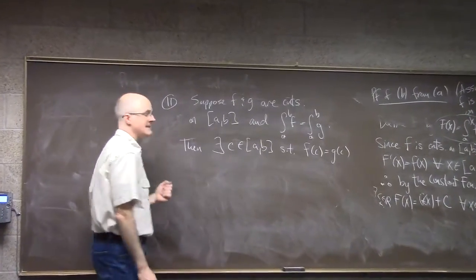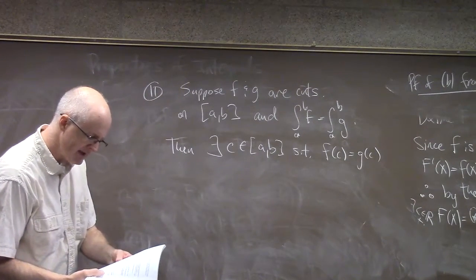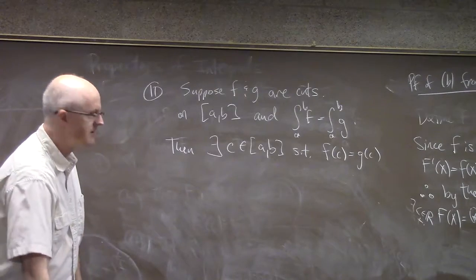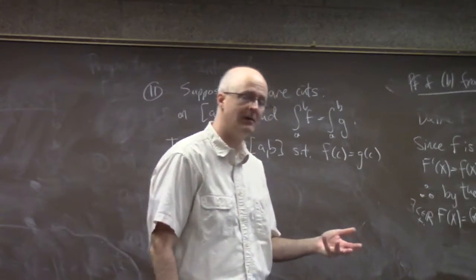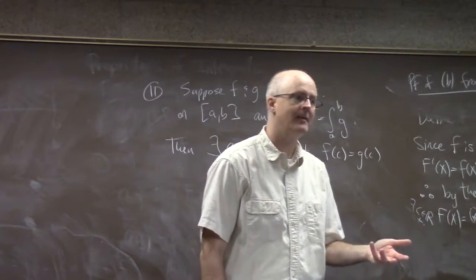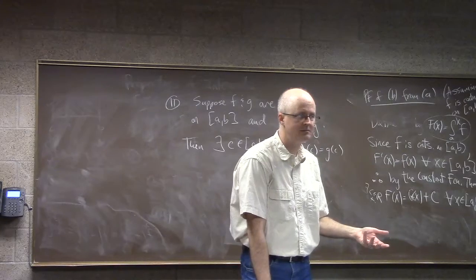Number 10 part A says that if you've got a function that's continuous and its integral is 0, then there must be some c where f of c equals 0. Say that again.